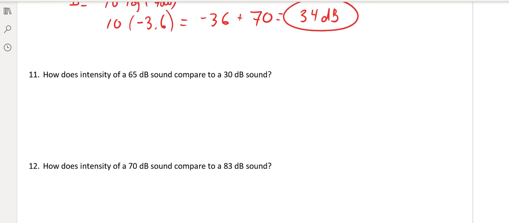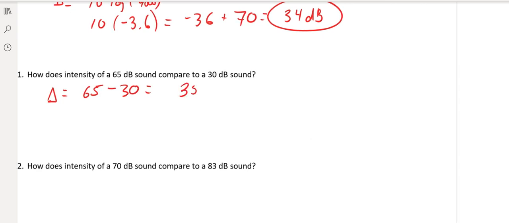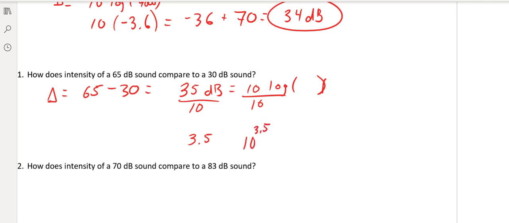If we're at 65 compared to 30, we would take the change, which would be 65 minus 30, which will be 35 dB. But that is equal to 10 times the log of that ratio. So if we divide both sides by 10, we are going to get 3.5. And now what we want to do is take 10 to the 3.5 power.